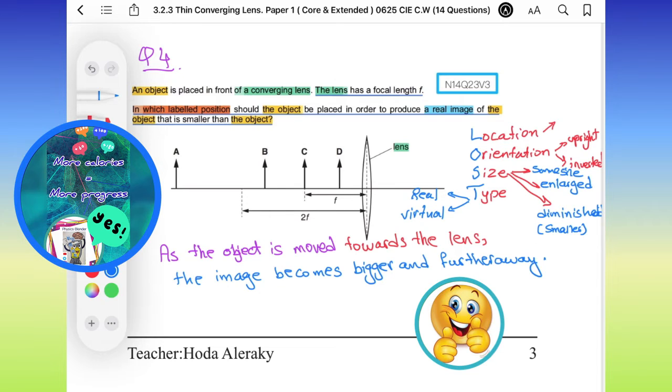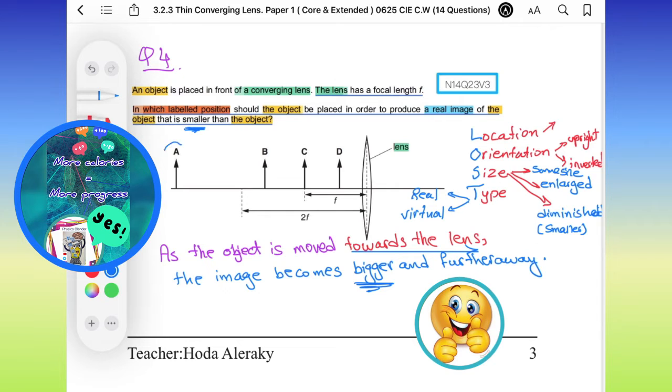Since you need it smaller, you will choose the location which is far away from the lens, because as the object is moved towards the lens, the image gets bigger.